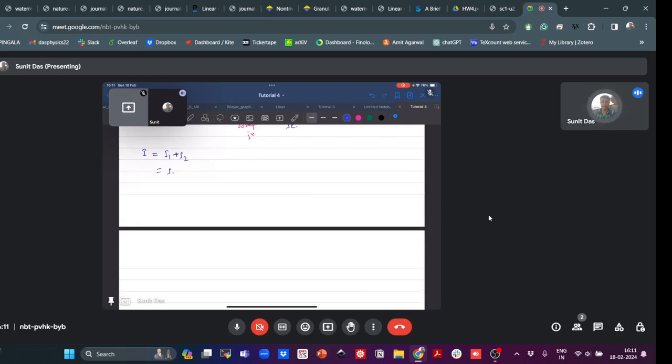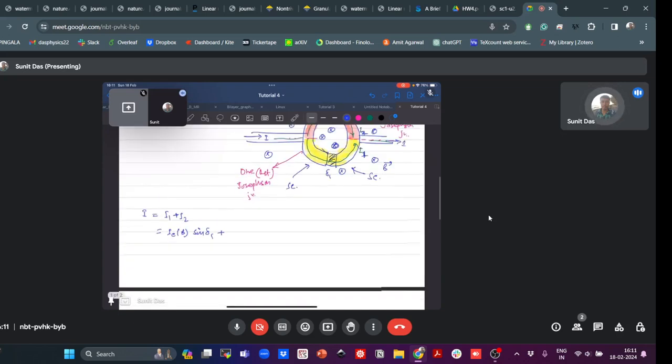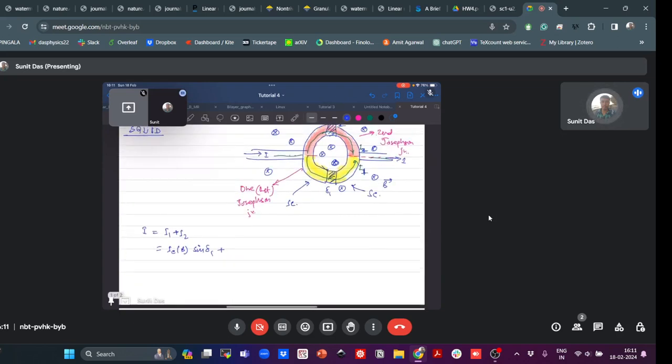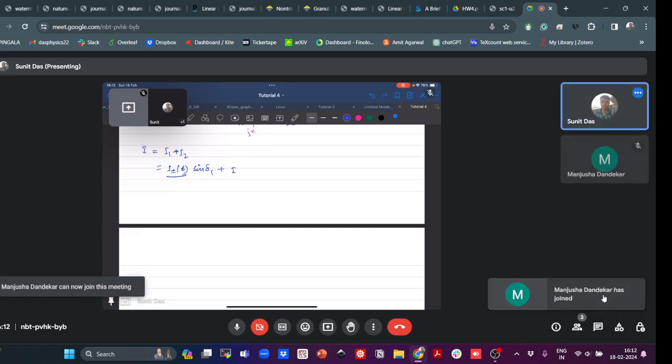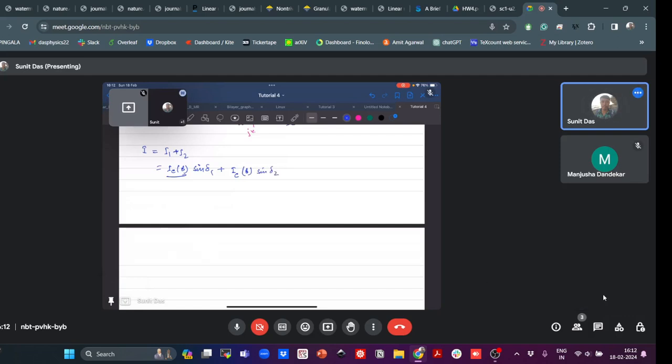So for each case we can write I_C(B) sine delta 1. We are also assuming that both the Josephson junctions, first and second, are identical to each other. That's why I_C(B) is identical, but we assume that the phase difference might be different. So then I_C(B) sine delta 2, right?